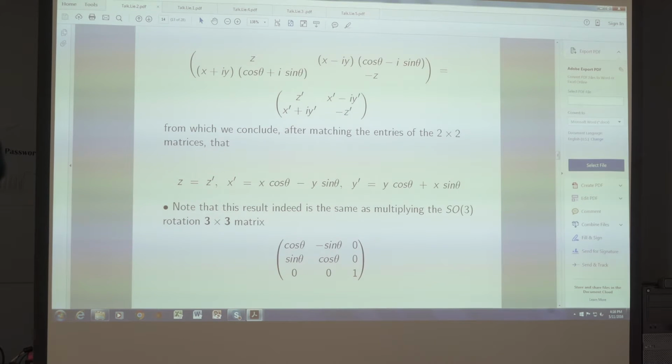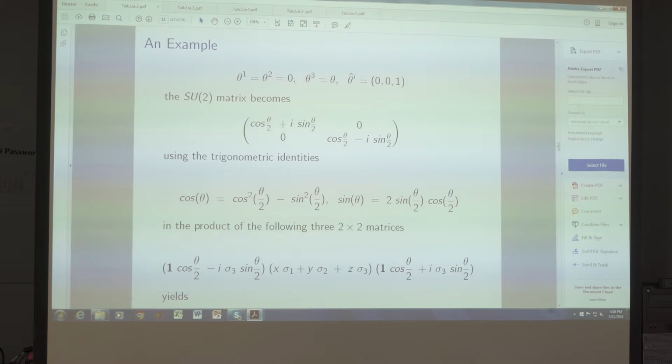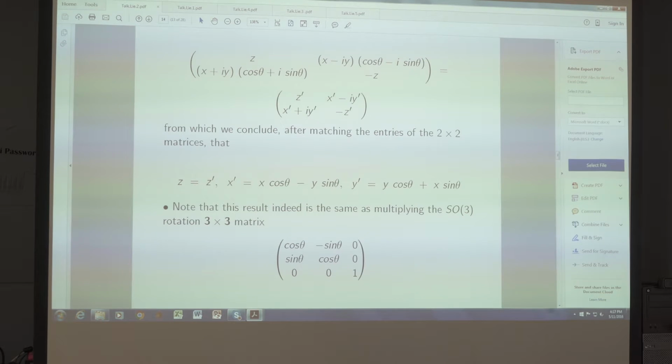Okay, so let me just go back to it because this is actually very important. By an SU(2) rotation of this 2 by 2 matrix involving the X, Y, Z coordinates, I perform an SU(2) rotation. And after I do the algebra, I end up with this.